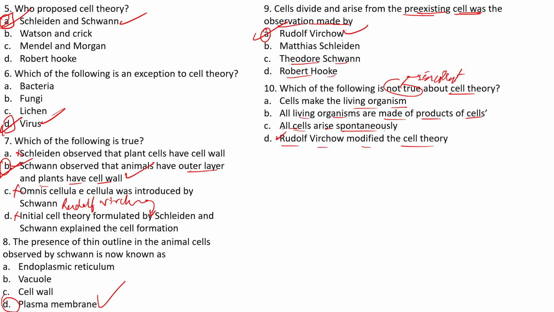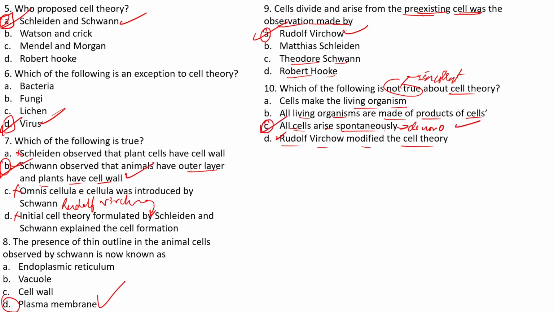Next, all cells arise spontaneously. Spontaneously means de novo, in the sense that they can just arise by themselves. That is not true. All cells actually arise from pre-existing cells, right? So this statement is not true.